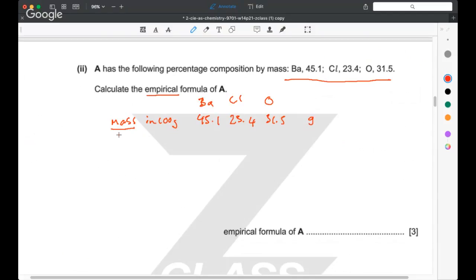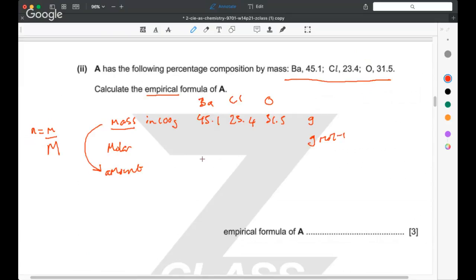Now, we've got to convert from masses to amount, the number of moles. And to convert from mass to amount, you have to use amount, the number of moles, is equal to the mass divided by the molar mass. And you can look up the molar mass in your data book. You can just read that straight off from the relative atomic mass and just change the units to grams per mole.